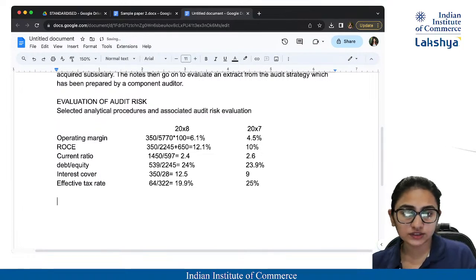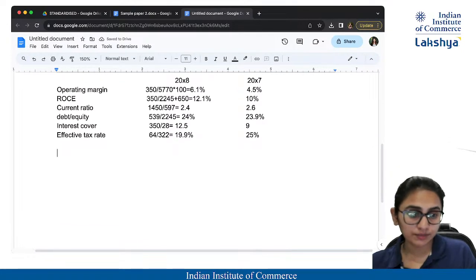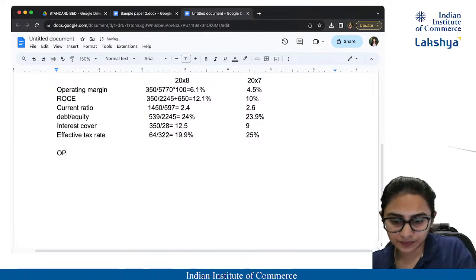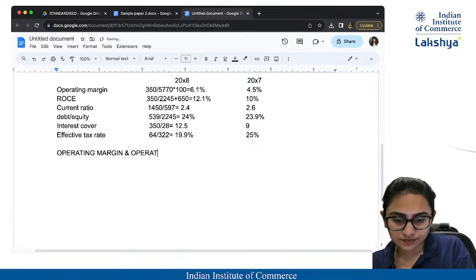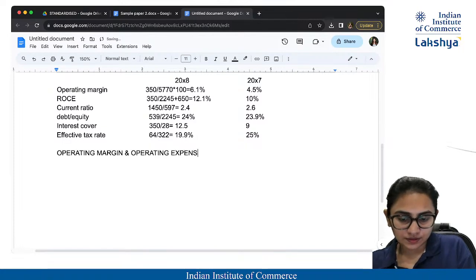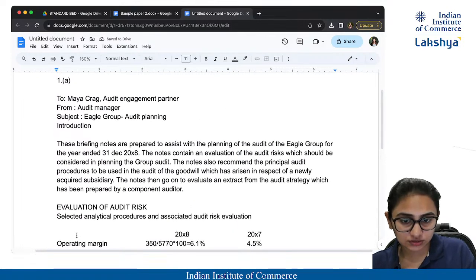So we got the ratios of last year and we got the ratios of this year. So now we can compare the ratios. So first let's pick the first one, which is... remember in the first lecture I told you how to gain the professional marks with proper presentation.